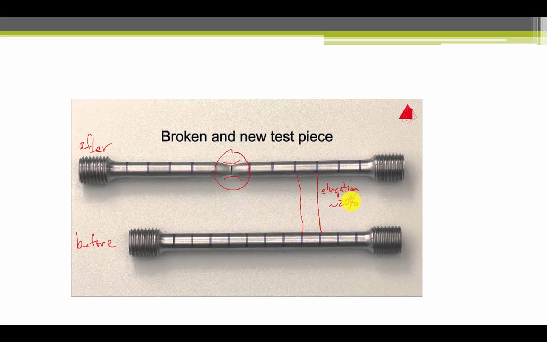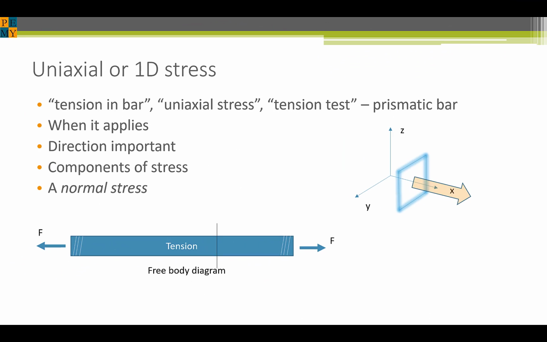Strain hardening occurs as the elongation continues until the ultimate strength is reached. Beyond this point, the area of the bar rapidly decreases, and there is a decrease in the force required to thin the bar until it finally fractures. The tensile test generates what is called a uniaxial stress.